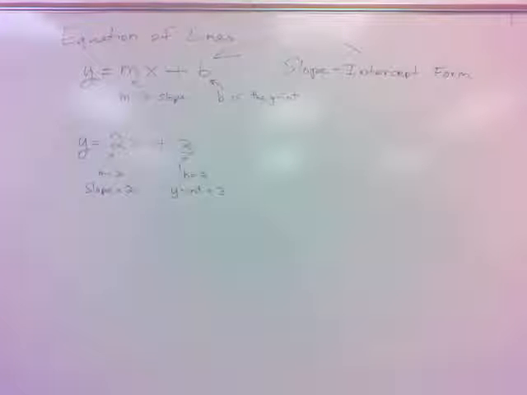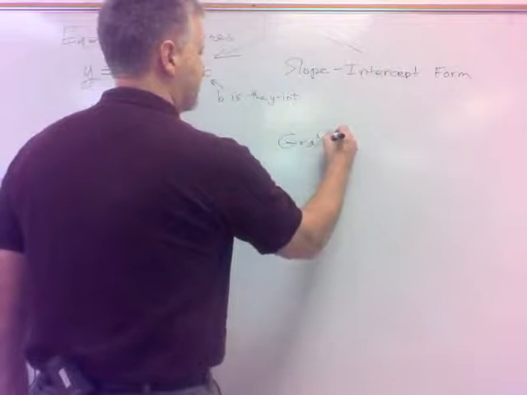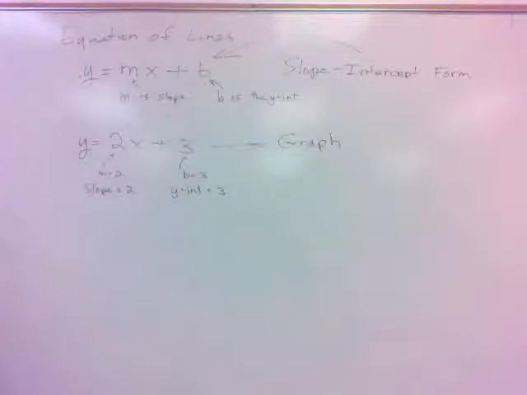All right, so that's important, like I said, important form. Now, what if I wanted to graph this, which I've already done previously? But let's talk about the graph of y equals 2x plus 3. Since I know this nice information here, can I graph this?